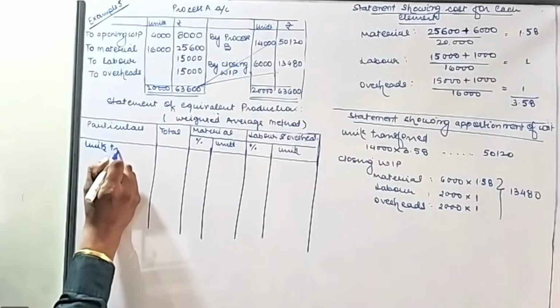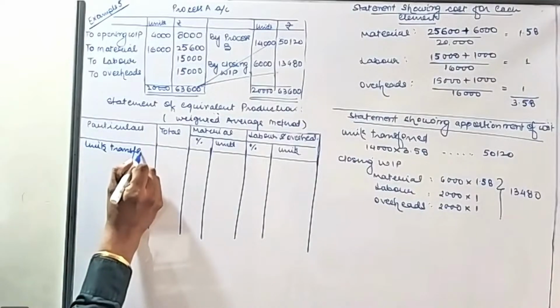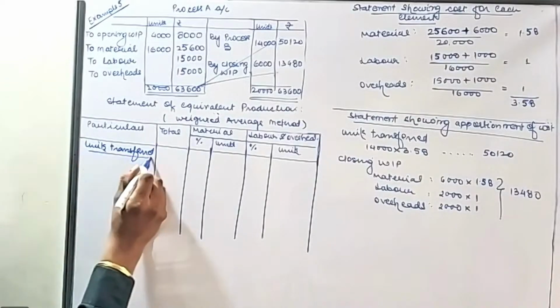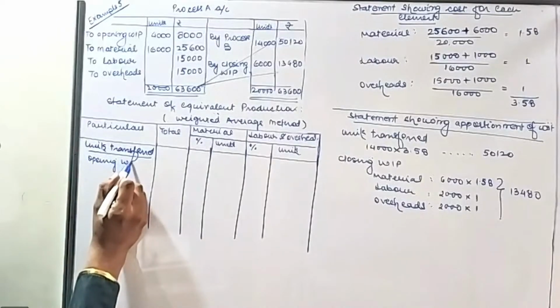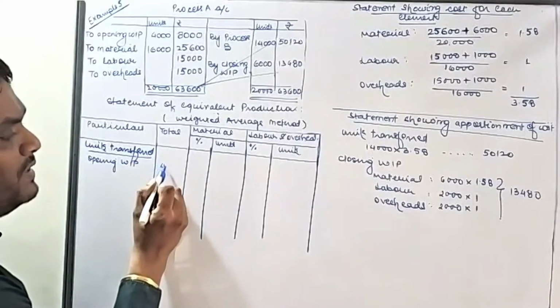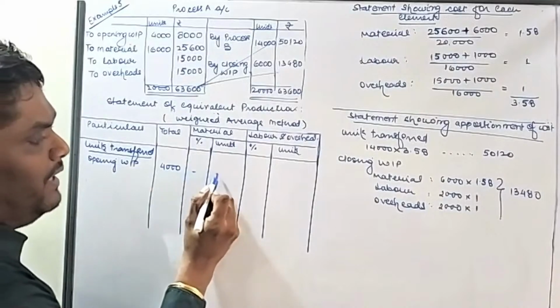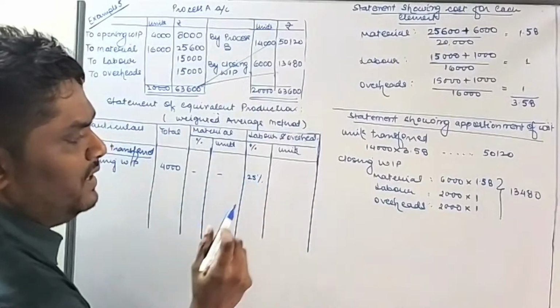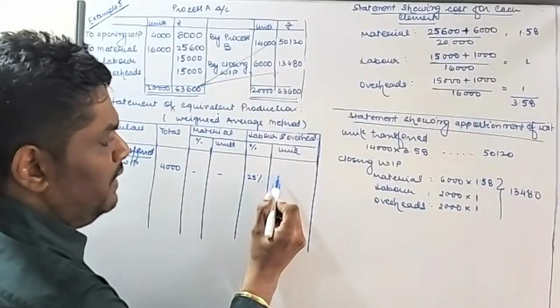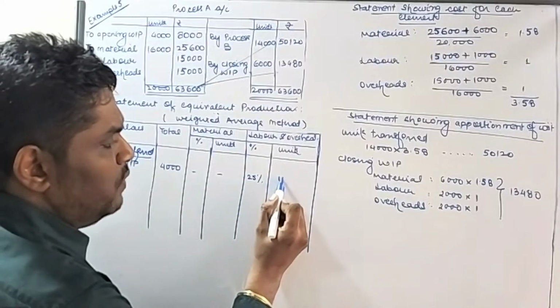Units transferred from opening work in progress, it was 4,000 units, and nothing was done in respect of material, and 25% work was done in respect of labor and overheads. So this was 1000.